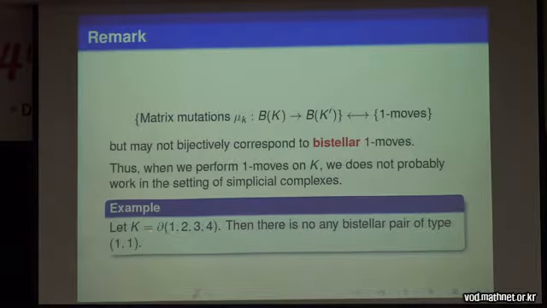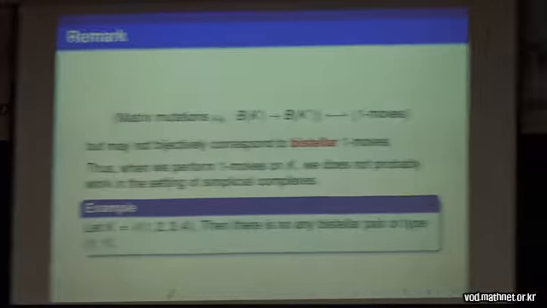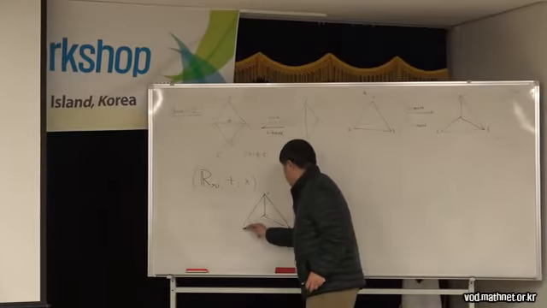Actually, for example, this one is just the boundary of the 3-simplex. In that case, you cannot do any bistellar move. Here, 1, 2, 3, 4.